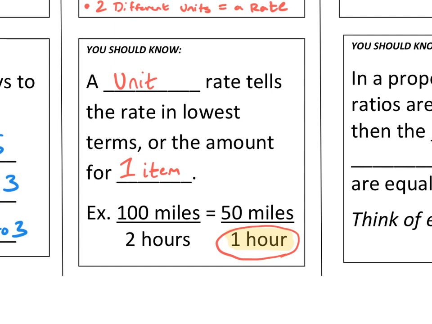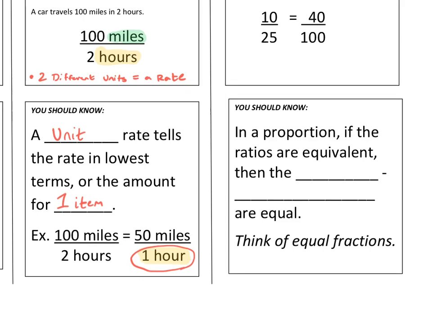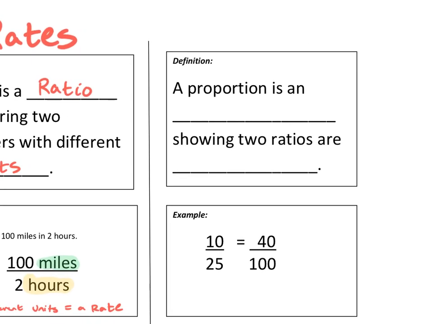Anybody? Okay. Then let's keep moving on to our last thing to look at, which is a proportion. We start again with the definition. A proportion is an equation showing two ratios are equal. Notice this is the first one that uses the term equation.